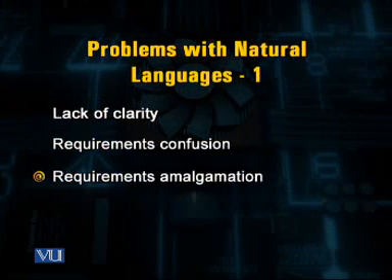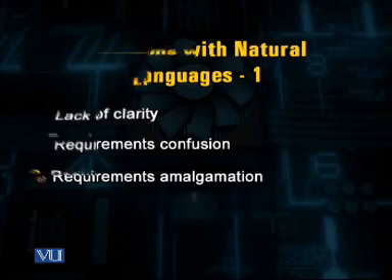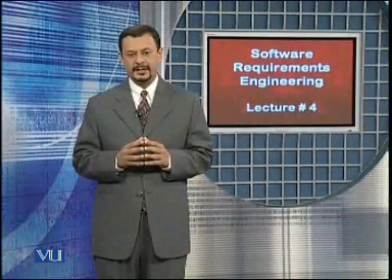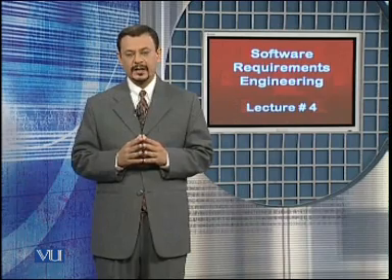The third problem with using natural languages is requirements amalgamation. That is, mixing different kinds of requirements together. People tend to describe things together, and if the requirements are described together, they may result in confusion and problems for developers and designers of the software product.